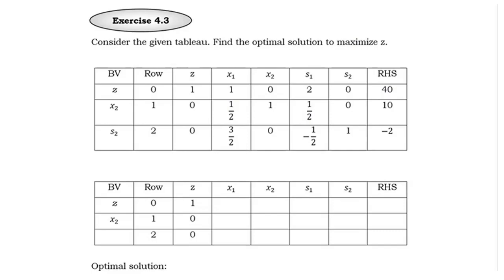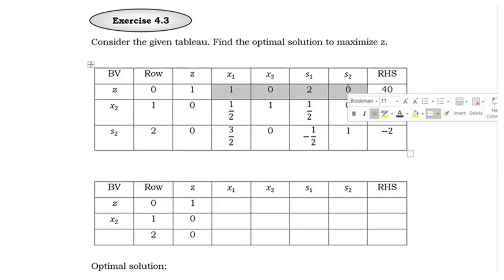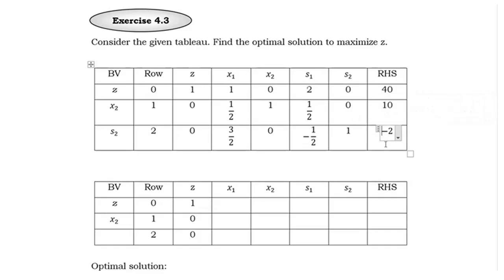Now, let us solve exercise 4.3. This tableau shows each variable in row 0 has a non-negative coefficient. However, the current basis is infeasible. The variable S2 is the most negative one, so S2 must leave the basis, and row 2 will be the pivot row.